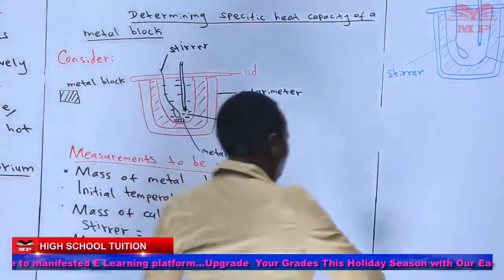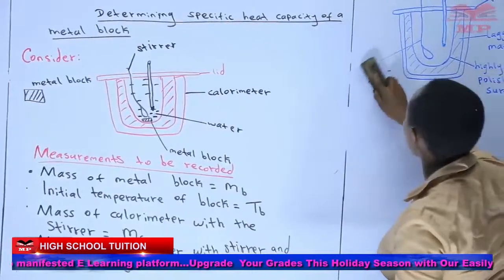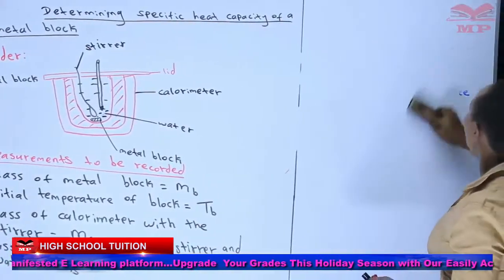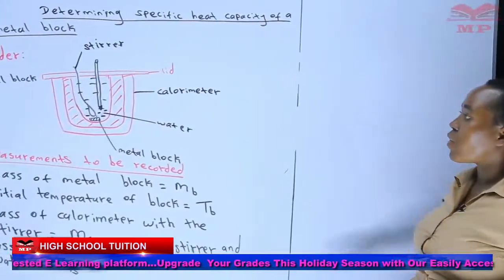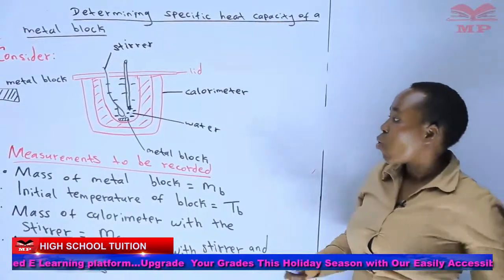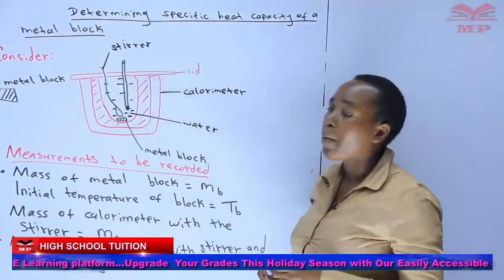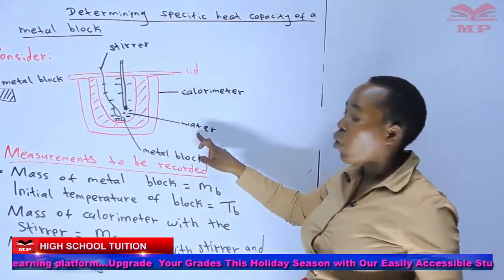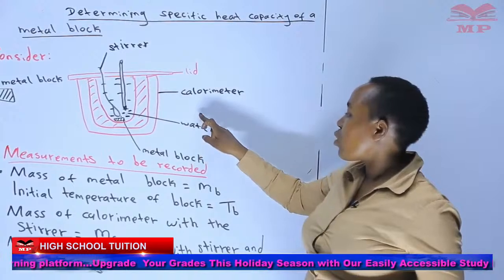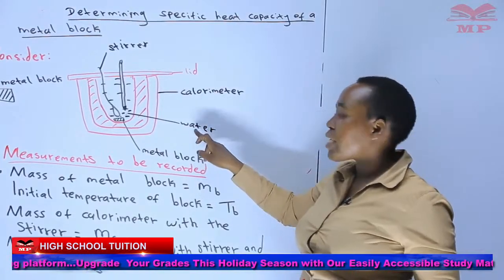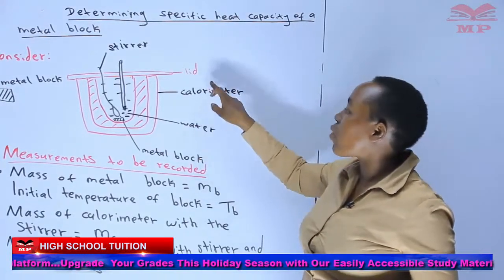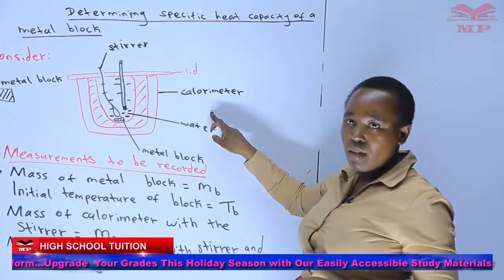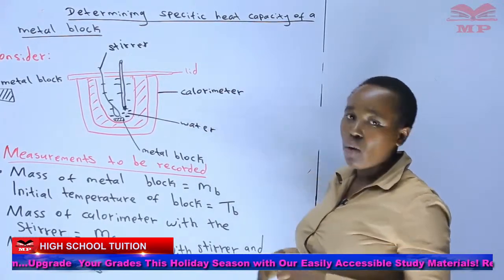Then we move on. What other reading do we need so that we can calculate the specific heat capacity of the metal block? We also need the initial temperature of water. And this initial temperature of water is the same as the initial temperature of the calorimeter, because the water is in the calorimeter.